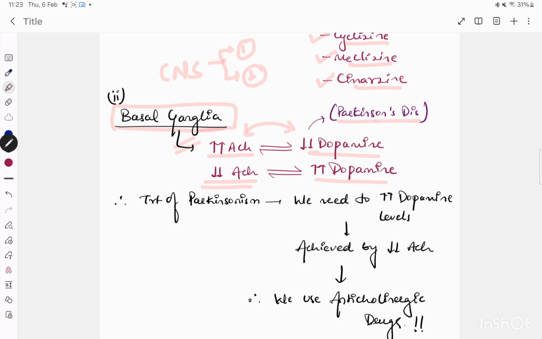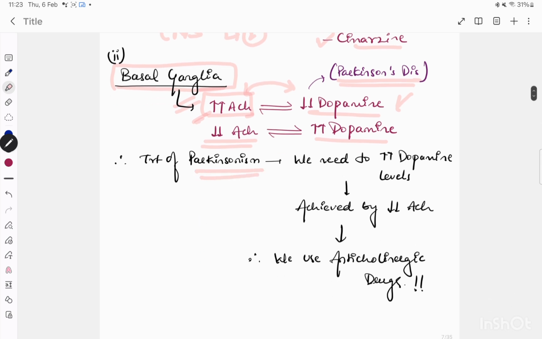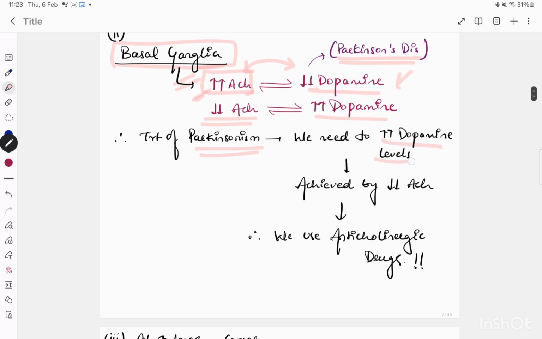Now, what happens in Parkinson's disease? In Parkinson's disease, there is a decrease in dopamine levels, right? So that means we can tell that the levels of ACh are increased. So to treat Parkinson's disease, Parkinsonism, we need to increase dopamine levels, right?